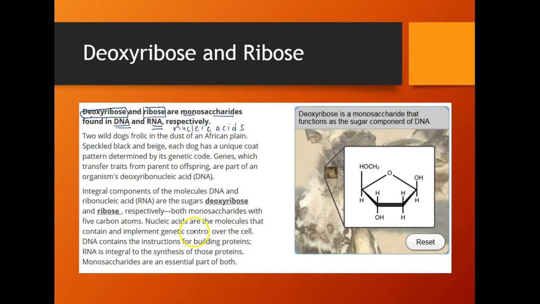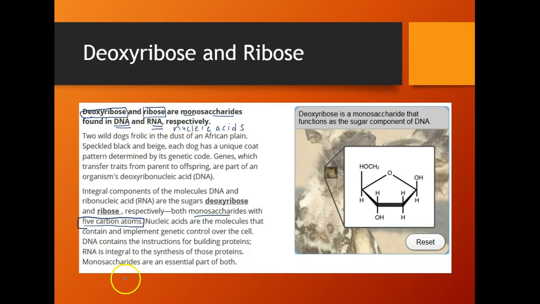DNA and RNA are obviously very important because they are the genetic material that we have in our cells. Deoxyribose and ribose are a key component in the nucleic acid structures. Both of these monosaccharides have 5 carbon atoms, so that's unique to ribose and deoxyribose.